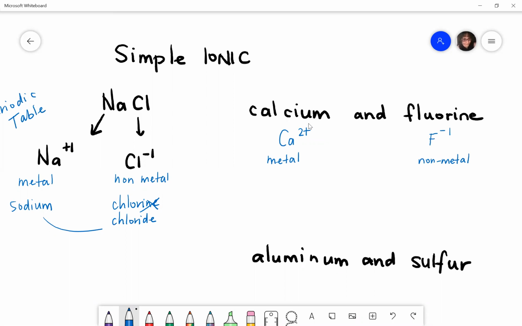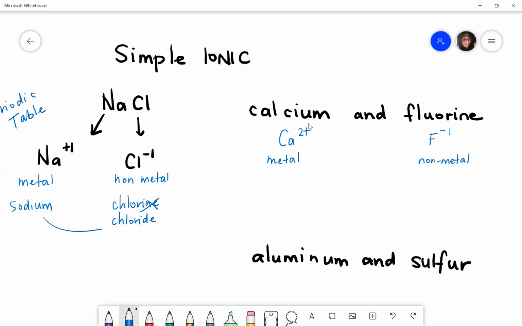Okay, and we have both of these here. We've written them both with the ionic charges above each symbol, based on the number of electrons gained or lost to become an ion. Remember from the previous lessons that we have Ca2+.